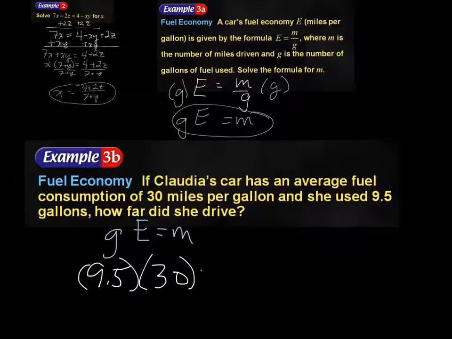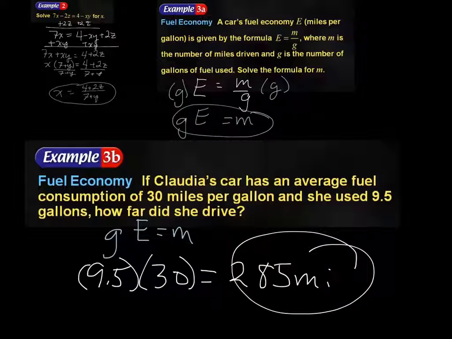So if we multiply 30 times 9.5, we get 285 miles. A more normal question would be, hey, Claudia drove 295 miles on 9.5 gallons of gas. What's her fuel economy?